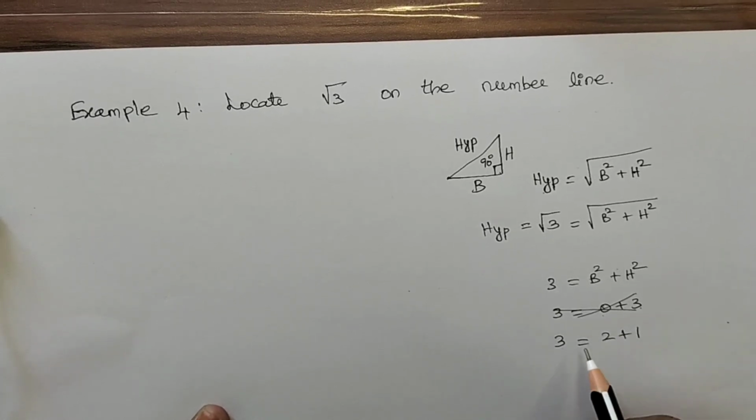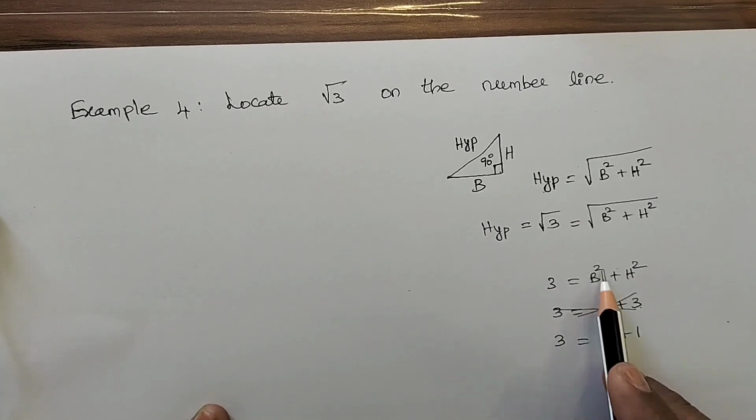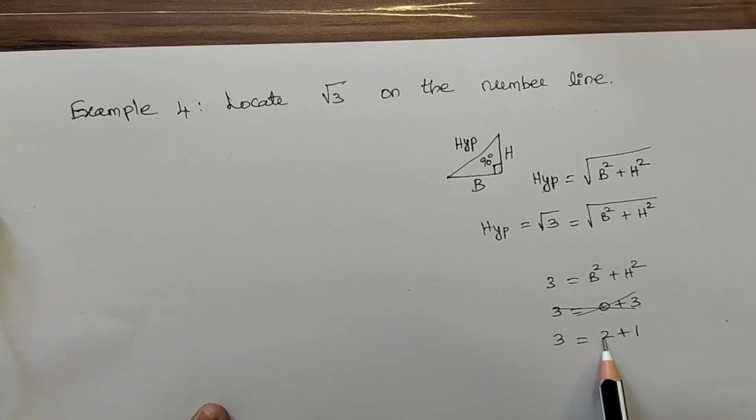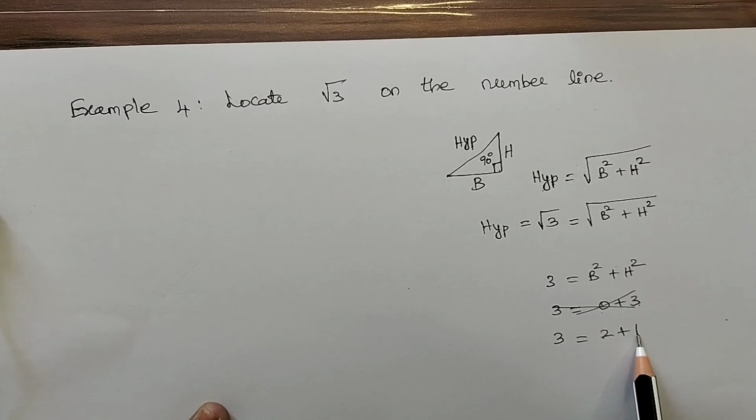But I need to write 3 as base square plus height square, so each value I have to write in the format of a square.